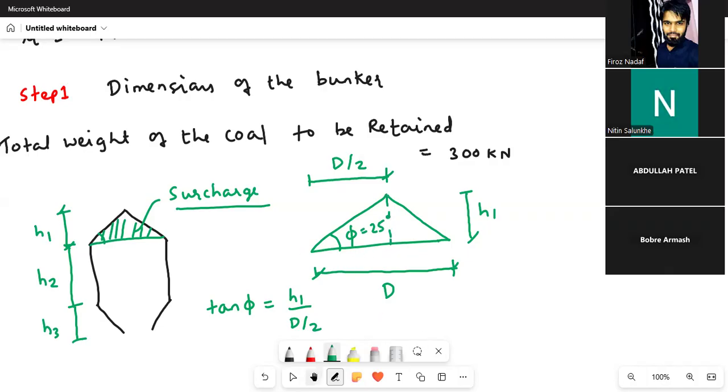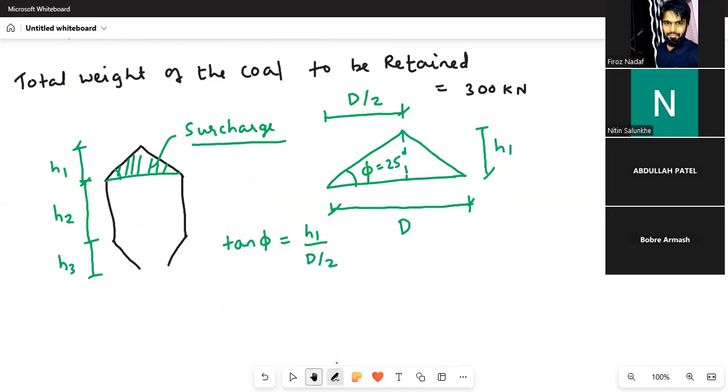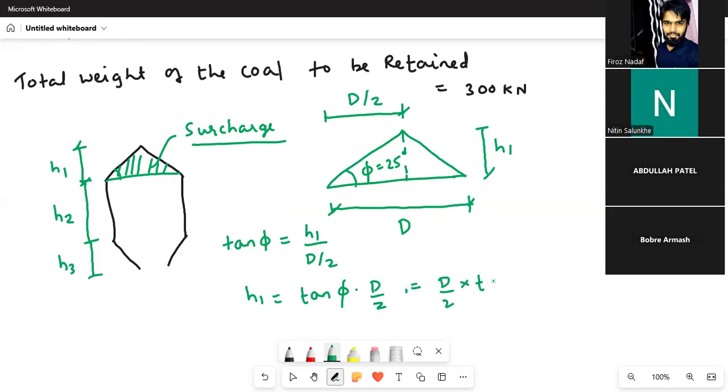Okay. So H1 equal to tan phi into D by 2. And what is tan phi? H1 equals D by 2 into tan 25.